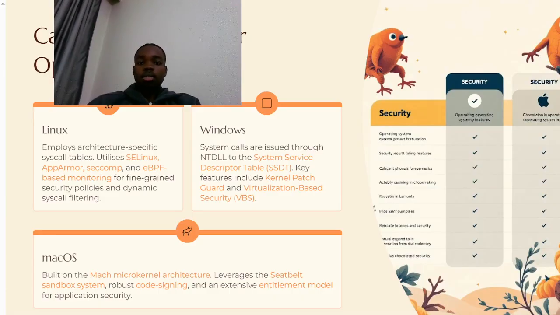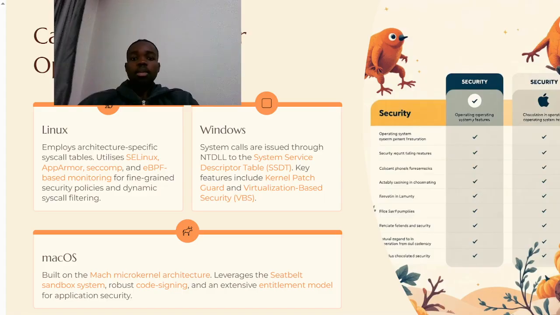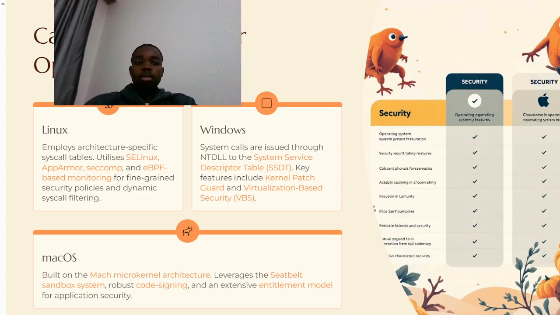System calls are issued through NTDLL to the system service. This proprietary design's key features include Kernel Patch Guard and virtualization-based security. Moving to macOS, built on the Mach microkernel architecture, it leverages the Seatbelt sandbox system, robust code signing, and an extensive entitlement model for application security.